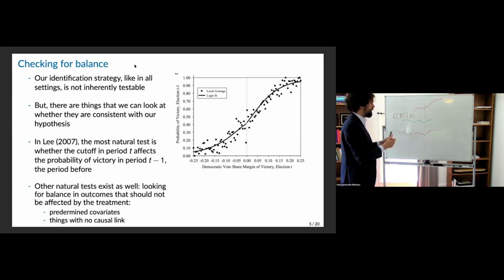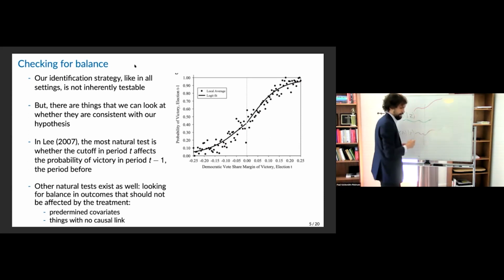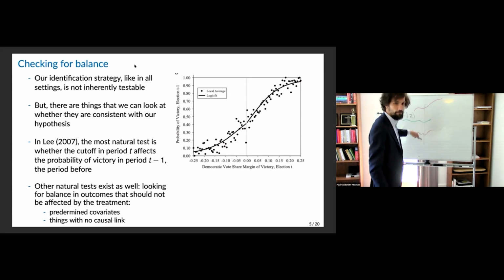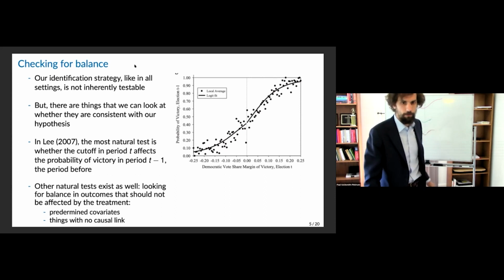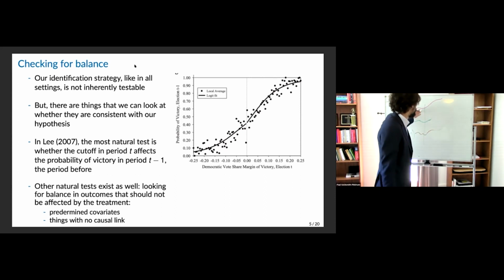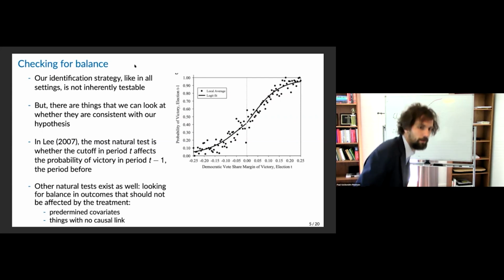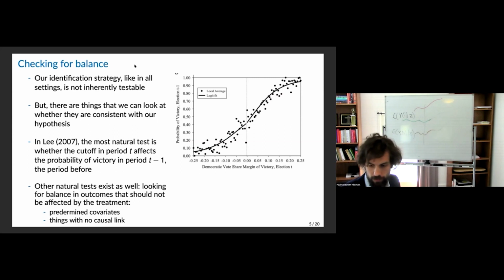If that weren't the case, that's really inconsistent with the identifying assumption. If this is a characteristic we think affects the potential outcome, then that one should also be smooth, because if it changed discontinuously, you'd imagine the underlying potential outcomes would also change discontinuously.